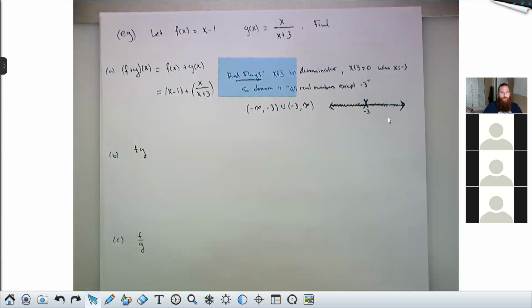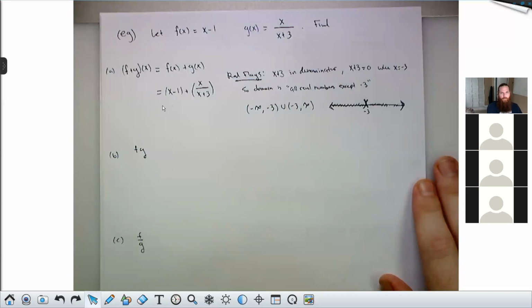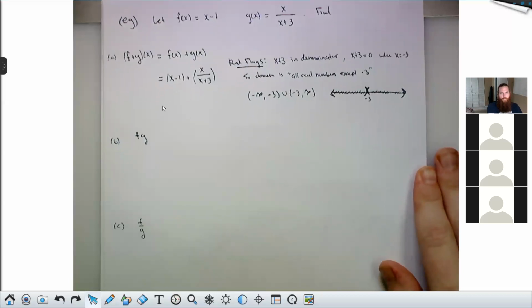Any questions on this process for finding the domain or this process for finding the algebra formula for the function? All right, if not, I'm going to continue here.